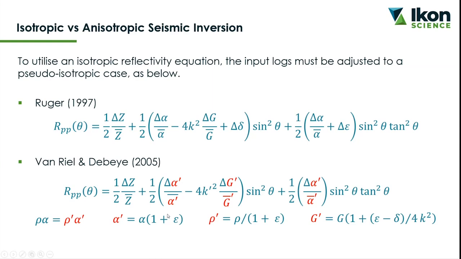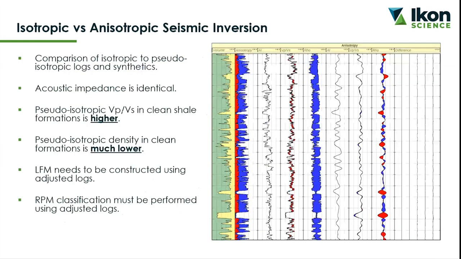Through modification of those properties, they were able to show that they can effectively create a synthetic which is more or less identical to Ruger's formulation. So here we've got a comparison of the isotropic to the pseudo-isotropic logs and synthetics. Now, of course, at 0 degrees incidence, anisotropy has no effect. And so the acoustic impedance is identical between the two.